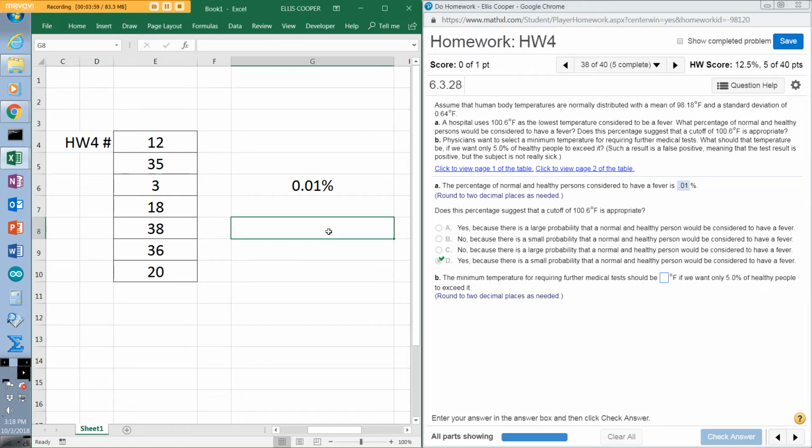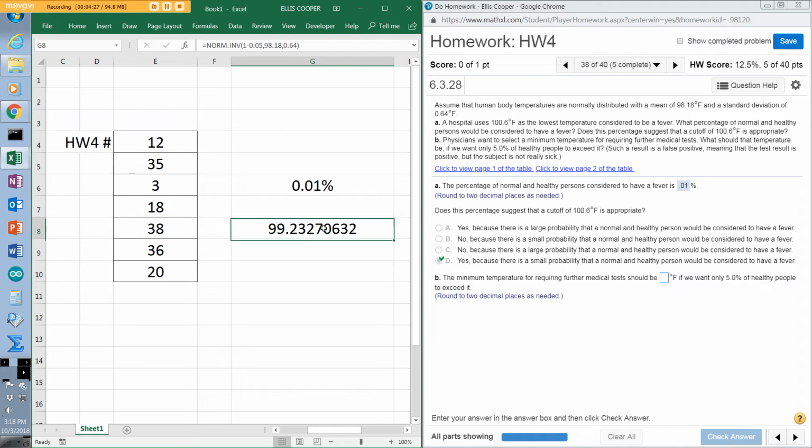So, okay, I'm going to go equal NORM.INV 1 minus 0.05, and then we'll get 98.18 and 0.64. And now we get a lower temperature that we're going to call the cutoff, because more people are going to have a high temperature.